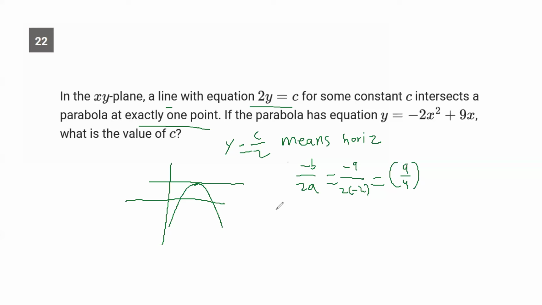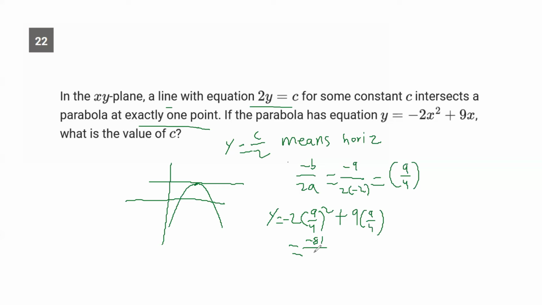So 9 over 4 is not the prettiest number, but we can do it. y equals negative 2 times 9 over 4 squared plus 9 times 9 over 4 equals 9 squared is 81 over 4 times negative 2 is going to give you negative 81, and they cancel out a bit.